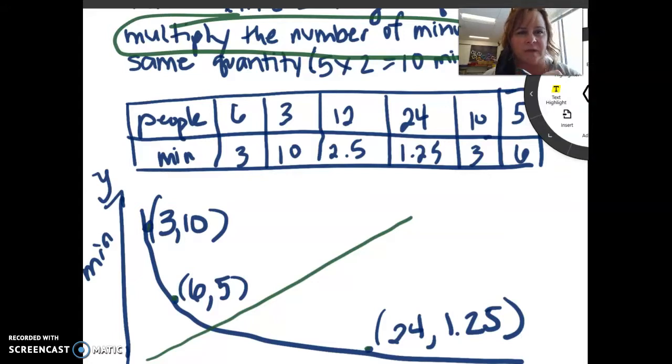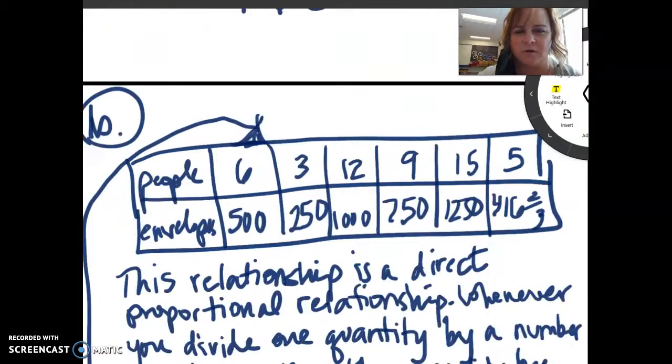So hopefully that also makes sense to you. Proportional would be as the number of people increases, so does the number of minutes increase. That's not happening. As the number of people increases, the number of minutes decrease. That's why it's inversely proportional.